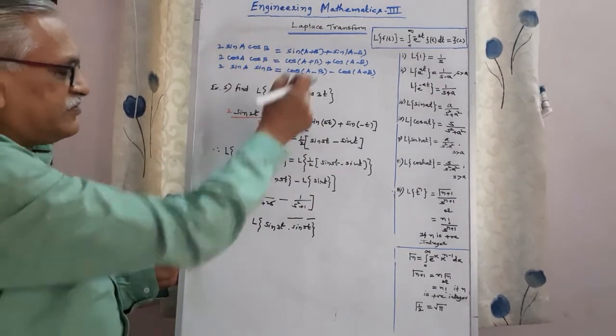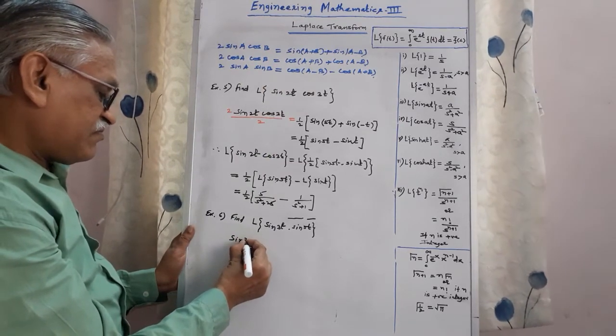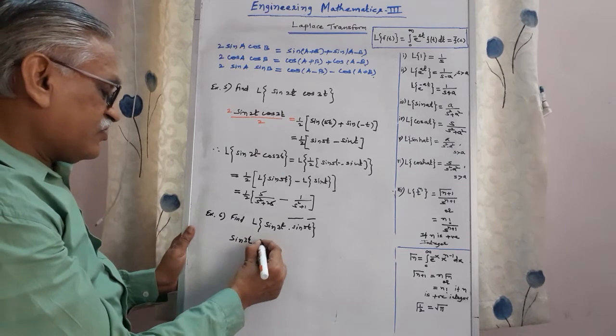By applying this. Therefore, sin 3t into sin 5t.